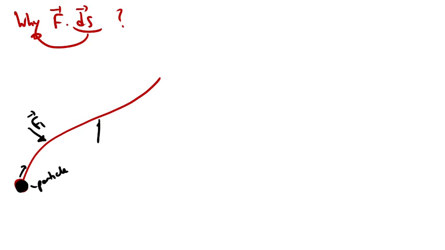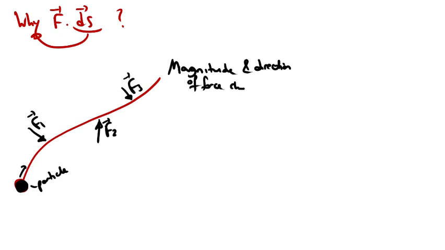You see the magnitude and then the direction of the force changes along the path. So you can see as it moves along the path, the magnitude and direction of the force changes.